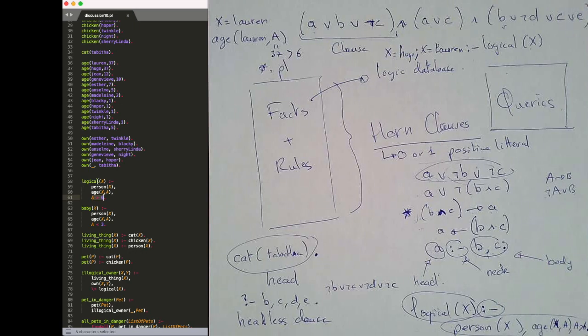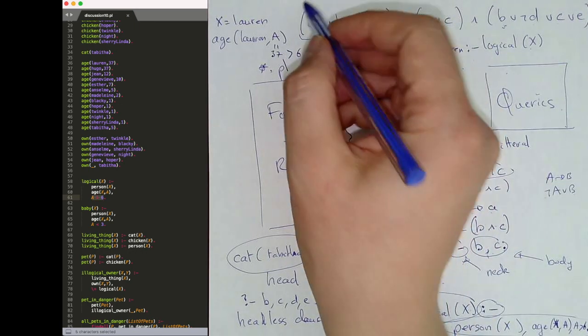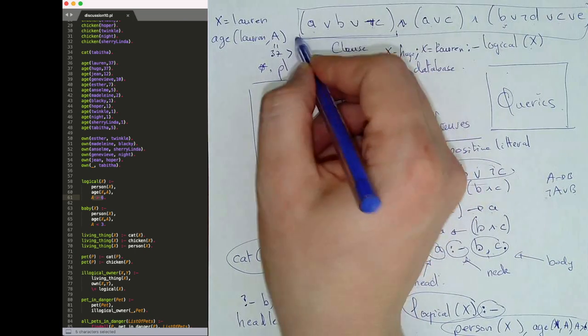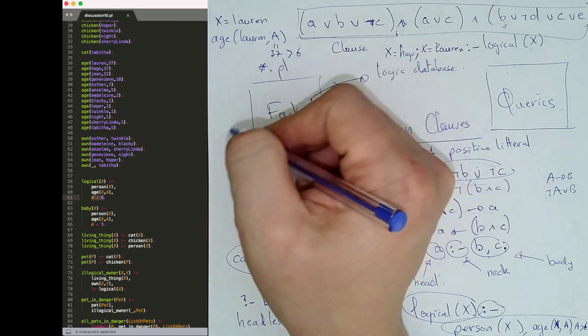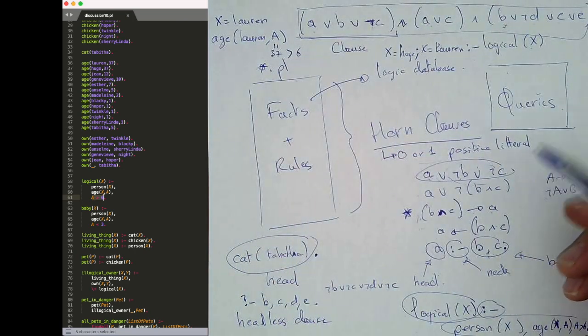I do not have to check every possible combination of truth values like I would do here. I do not have to check every possibility. I just have to take them one by one.